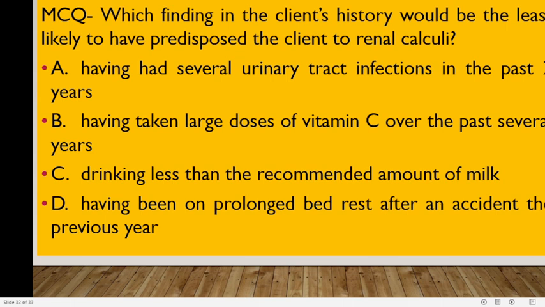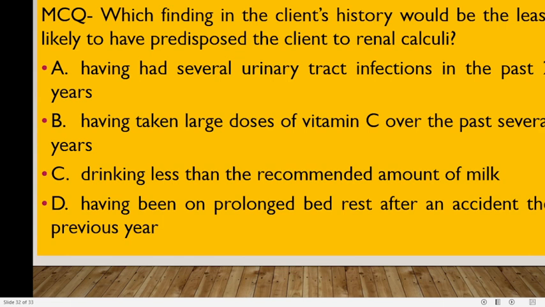Which finding in the client's history will be the least likely to have predisposed the client to renal calculi? A, having several urinary tract infections in the past 2 years. What did you say about this type of stone? Struvite stones, very good. Having large doses of vitamin C over the past several years.